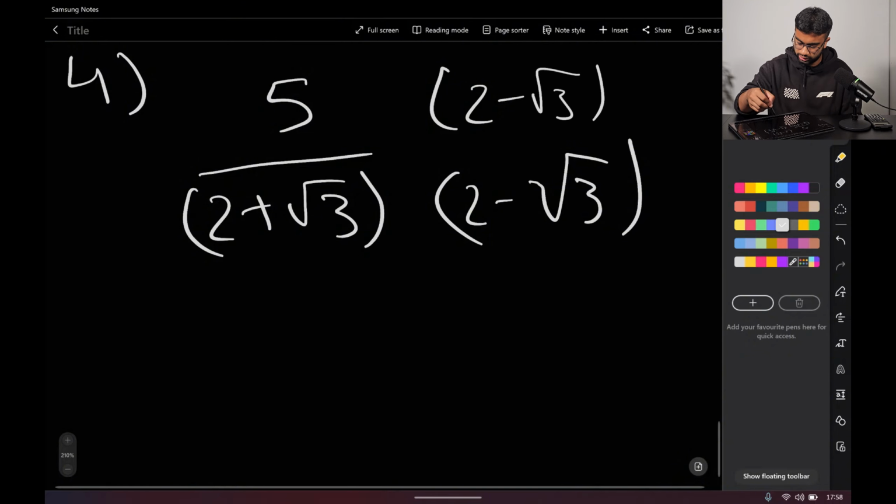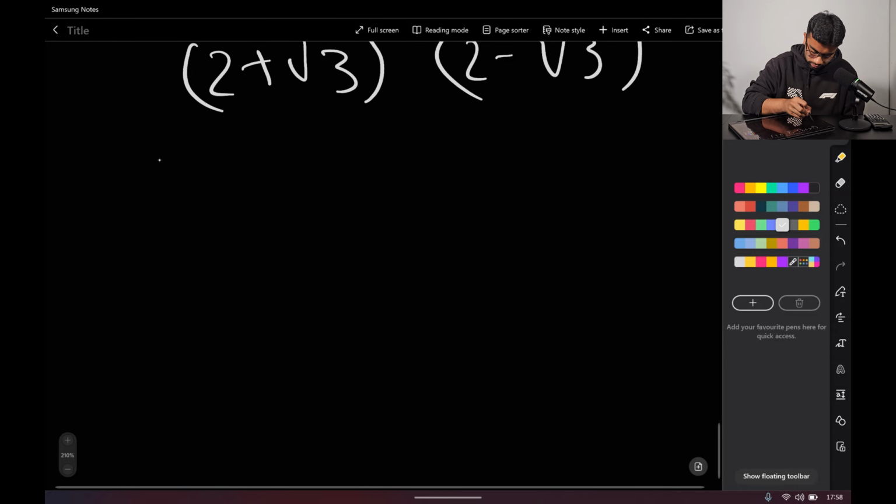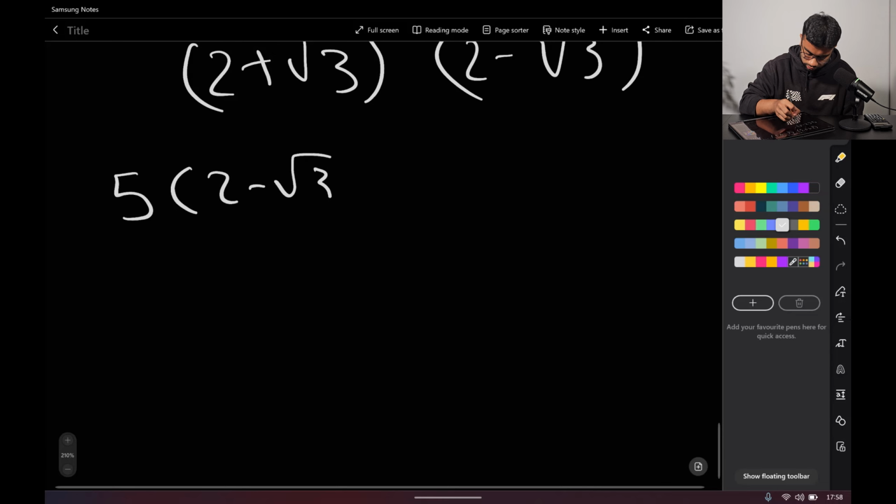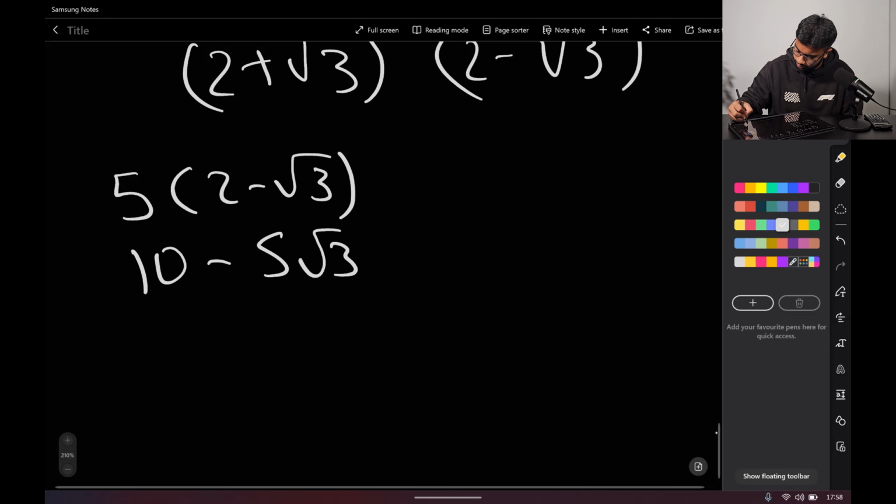because obviously if you do something to the numerator, you also have to do the denominator, and the other way around. So if we do this one term at a time, if we had 5 multiplied by 2 minus root 3, we'd get 10 minus 5 root 3.